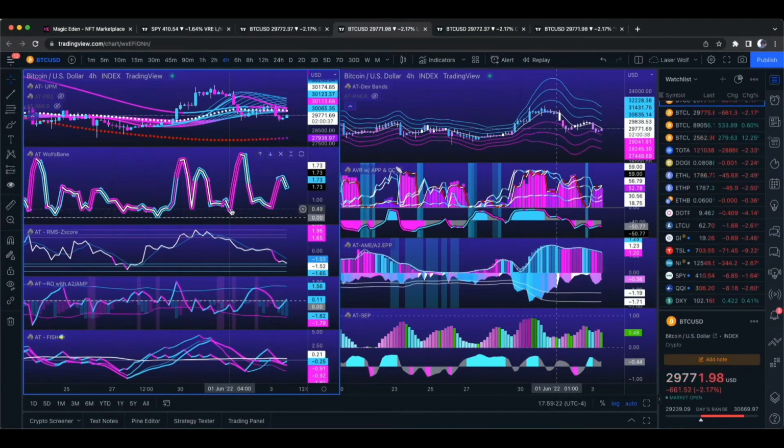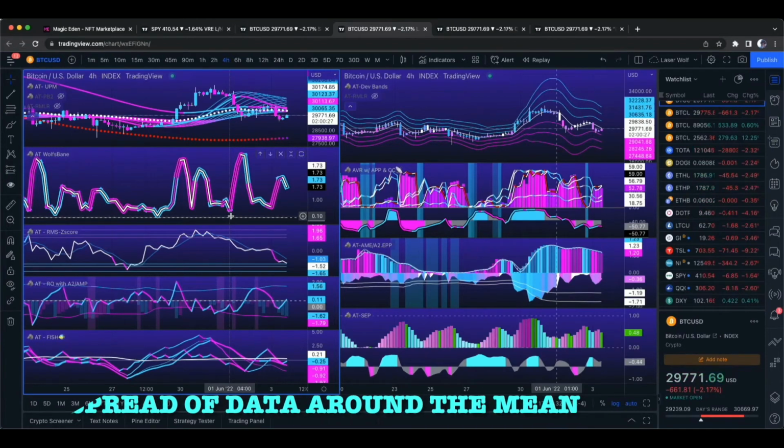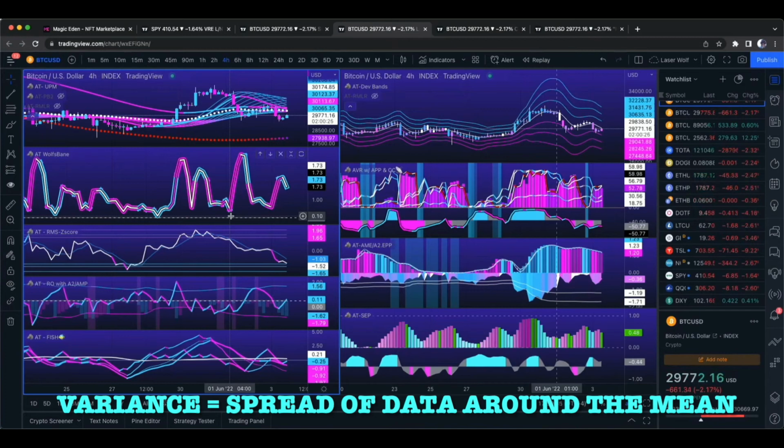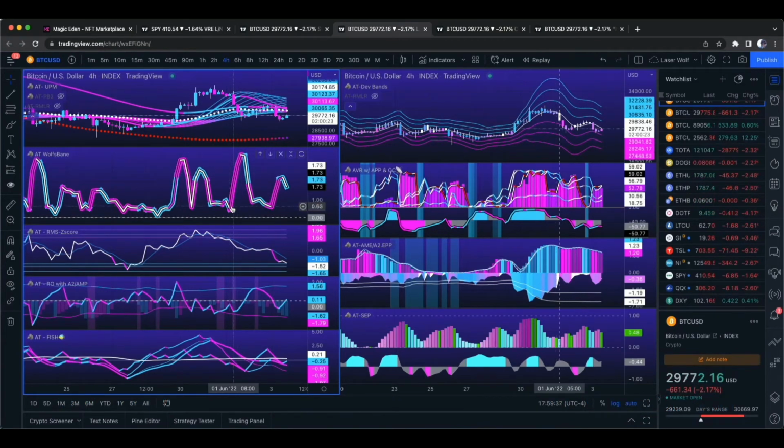Look at this. The variance starts to rise, and variance is nothing more than the spread of the data set around the mean of return. Okay, so variance takes off, and it's negatively correlated by the outside pink lines.